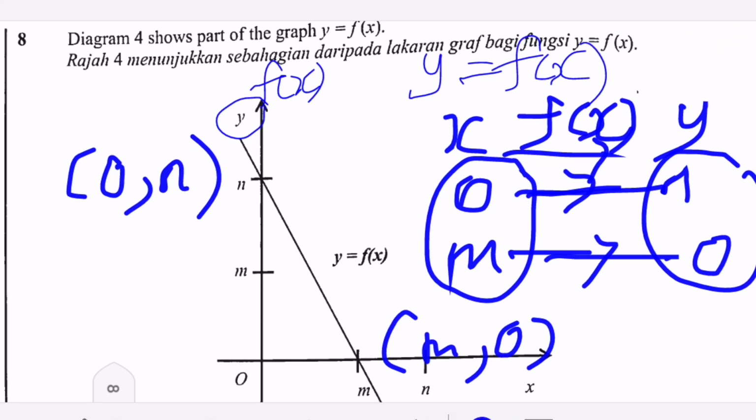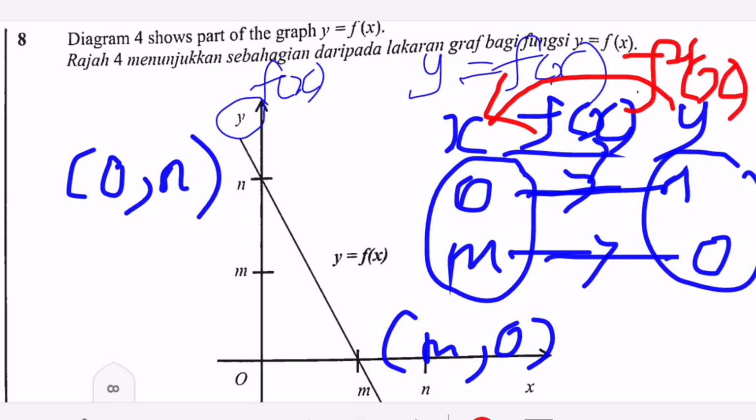We convert the graph of the function into arrow diagrams so that we can have a clearer picture to understand. Now, for the inverse function, we bring back the image to the object. So image is always y, object is always x. If the function brings back y to x, we call that function the inverse function.